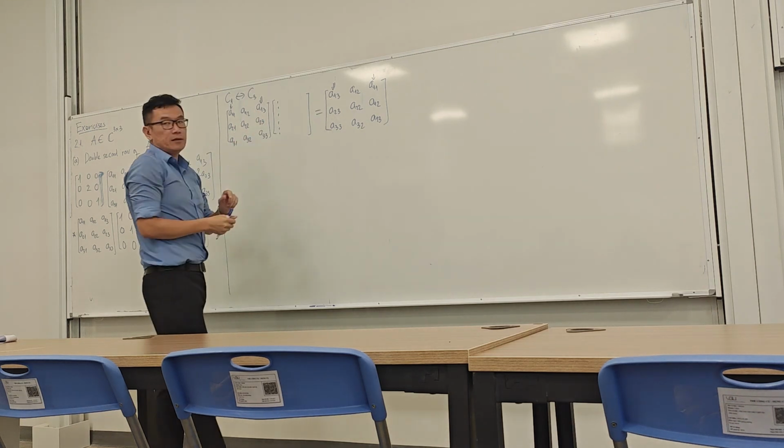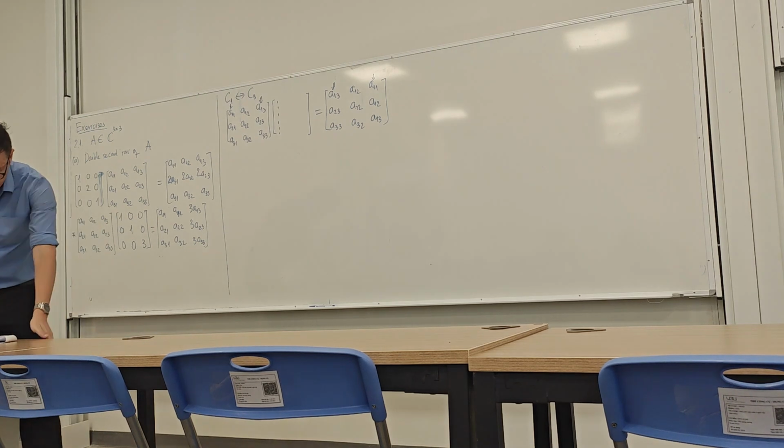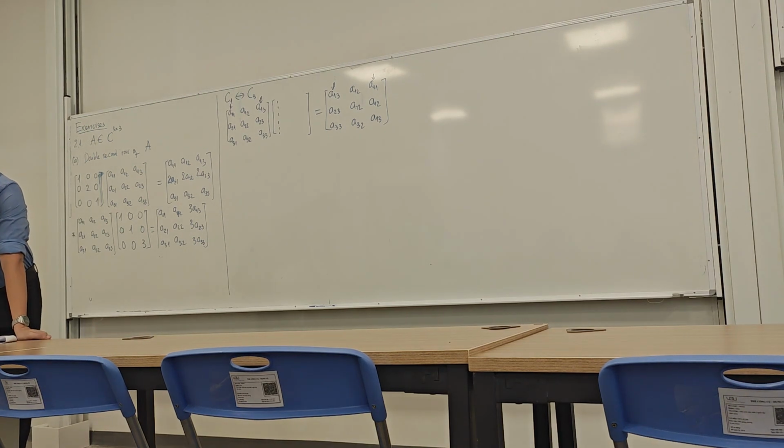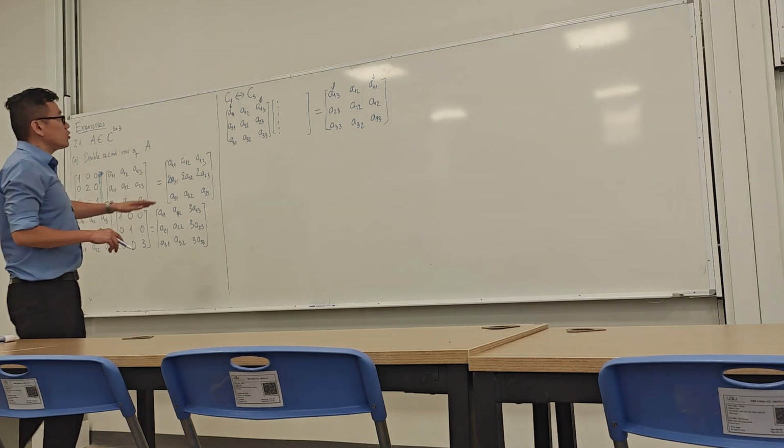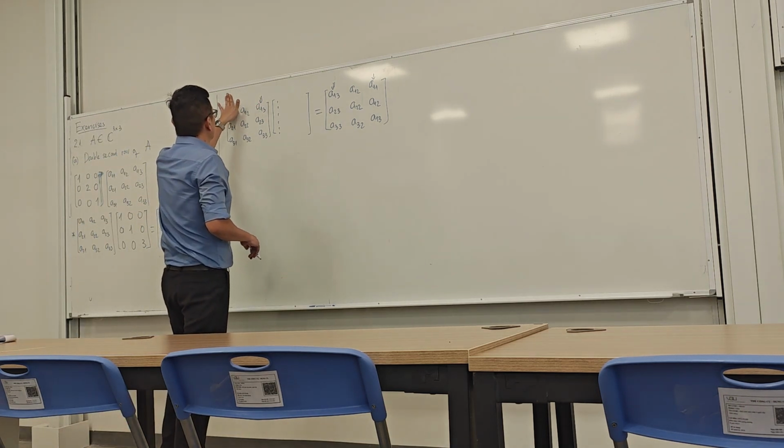I have a question: the statement says replace the third column by the first column of A. So it is not a swap. We basically copy the first column to the third column. Replace, not swap. Yeah, you're right.